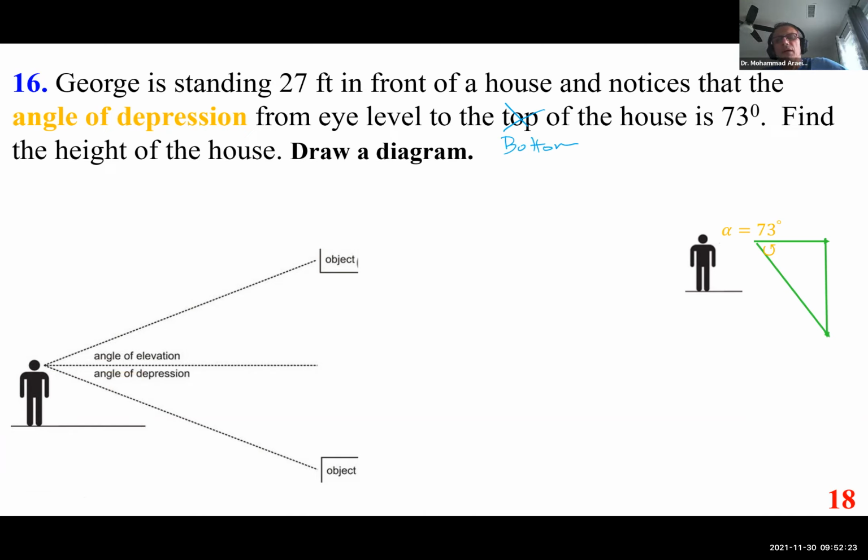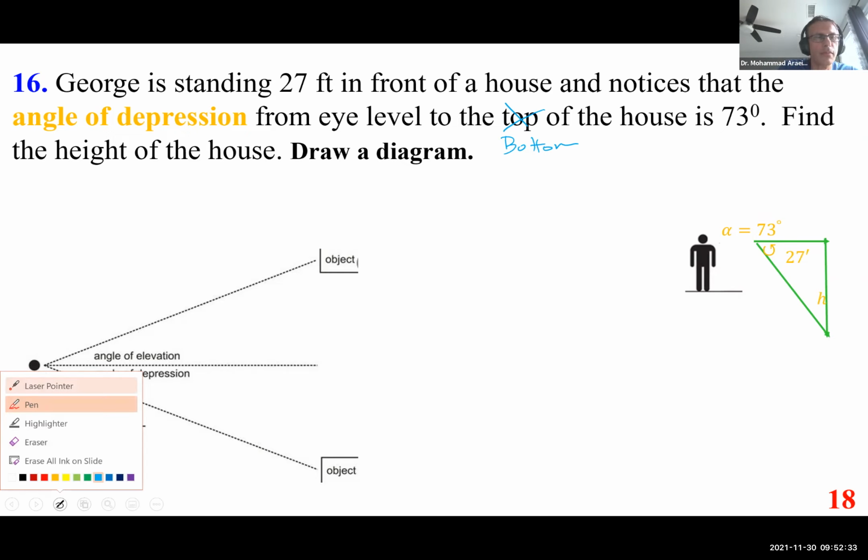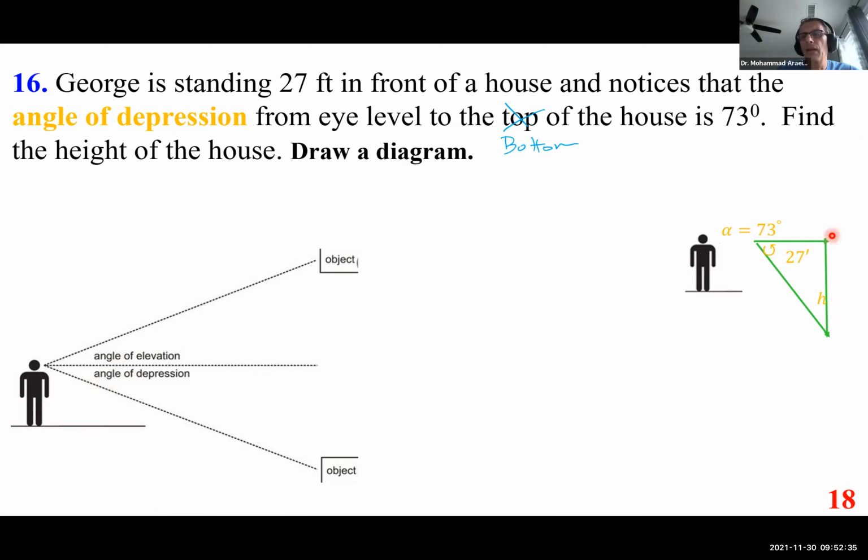So bottom of the house. And so this is 27 feet. This is 70 degrees and h, or height, is missing. Again, the tangent will do the job.